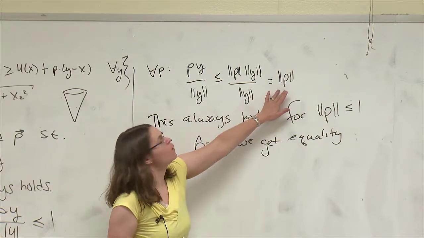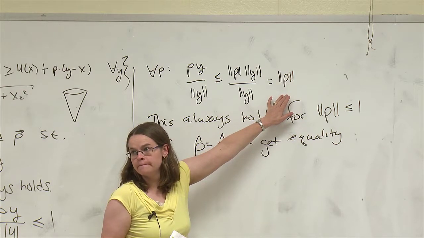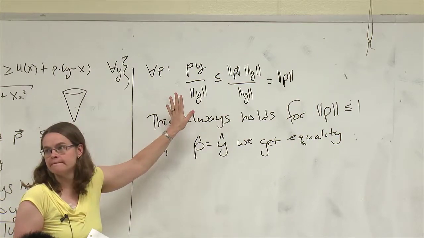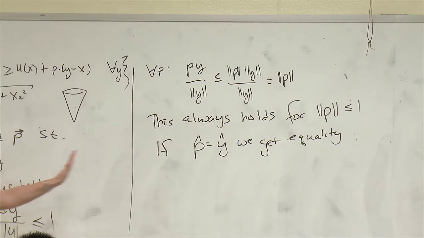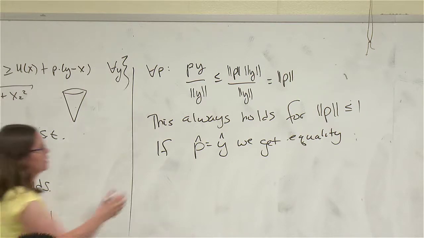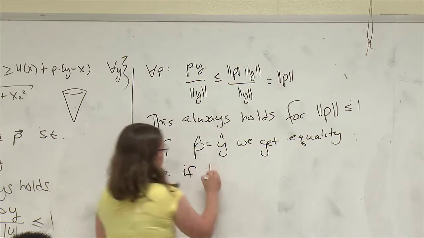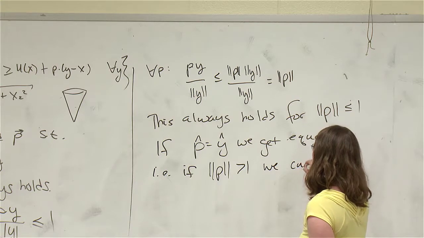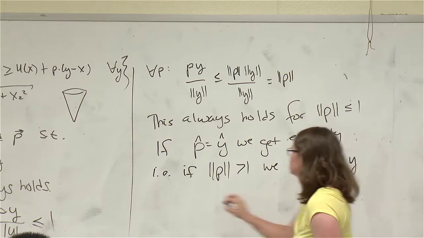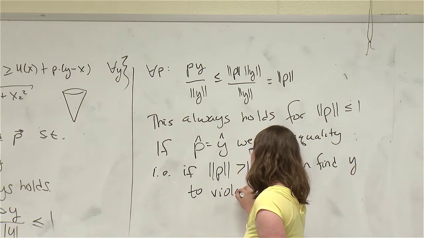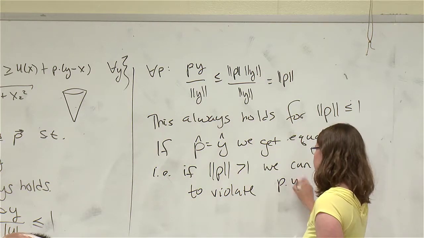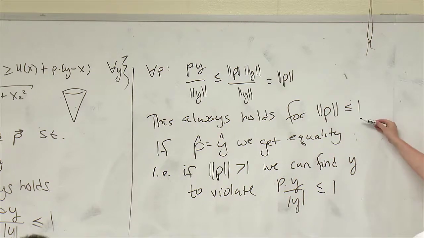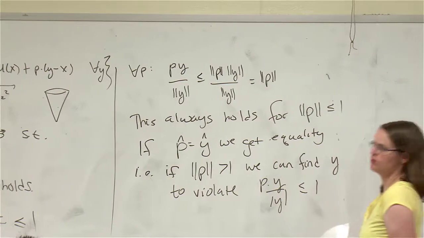Okay, equality means that if p is bigger than 1, I can always find a choice of y that makes this bigger than 1, right? So we better not allow p bigger than 1. In other words, if p is bigger than 1, we can find y to violate this condition. Okay, so p less than or equal to 1 always works. P bigger than 1 is not going to work for us.